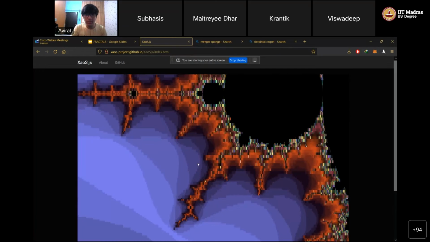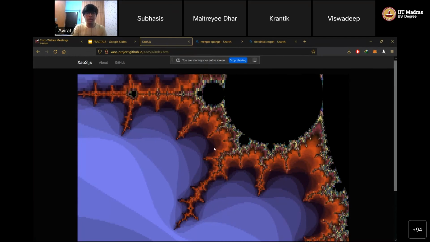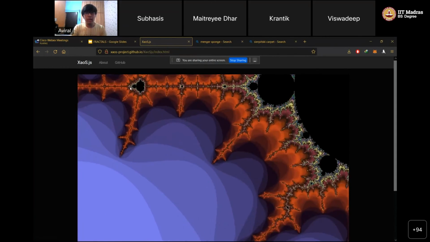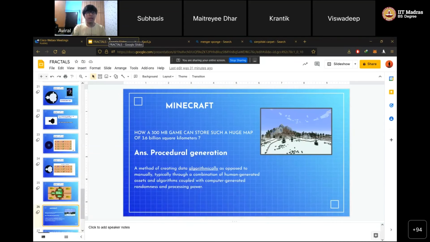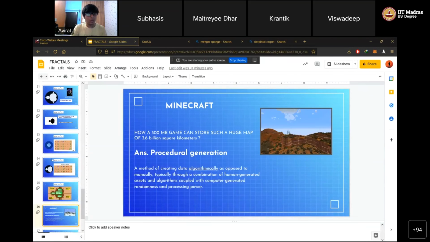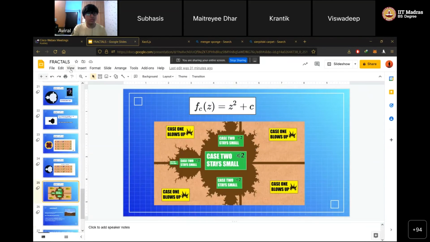The color near the Mandelbrot set is different, which means it's going to infinity at a slower rate than the numbers outside this area. And by this you can get an infinite amount of fractal patterns.